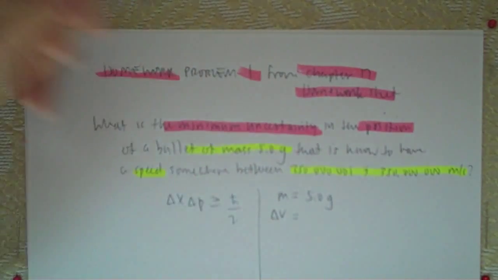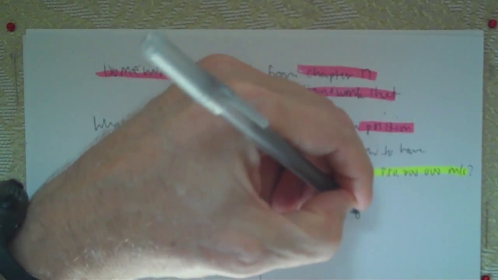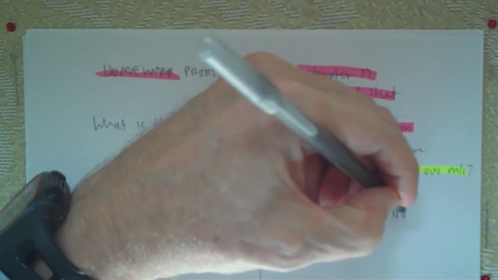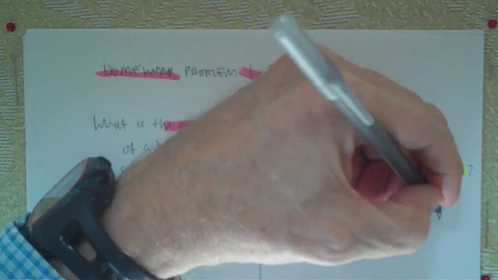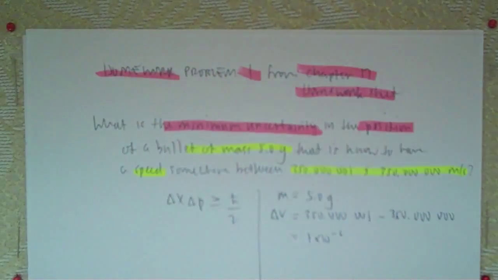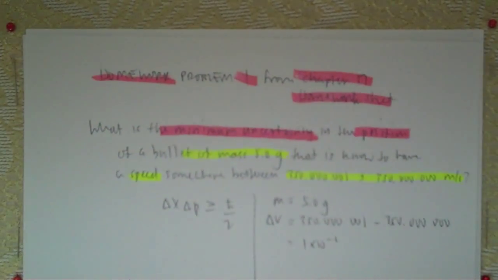So delta v is equal to 350.123121 minus 350.123123. This is 1 times 10 to the negative 6. If you just subtract these two numbers, you'll see that's the only difference.